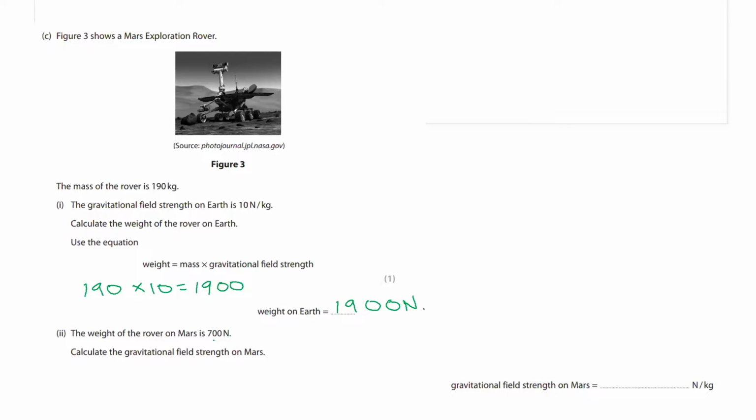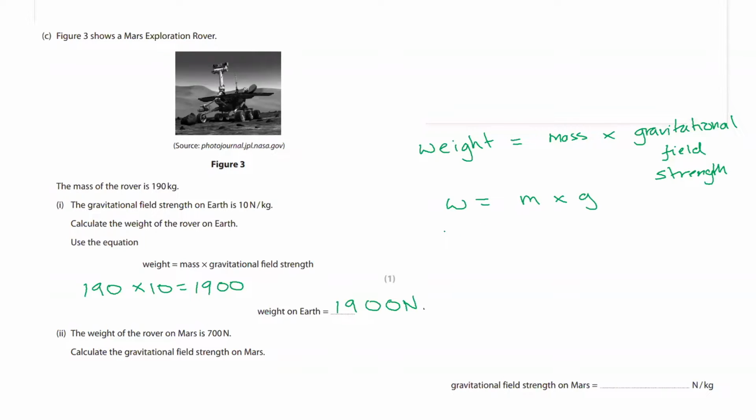The weight of the rover on Mars is 700 newtons. Calculate the gravitational field strength on Mars. So let's think about the equation here. We've got weight is mass times gravitational field strength. Sometimes we shorten that to W equals mg. So weight, we're told, is 700 newtons.